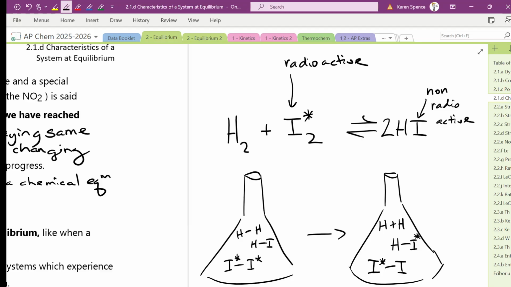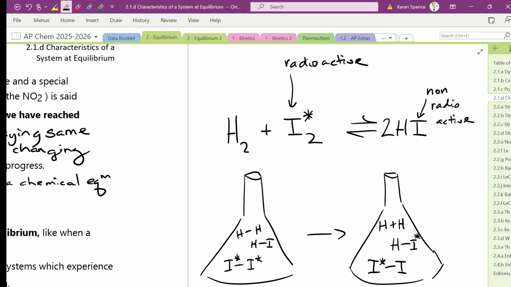Now, this one is my I2, and this one's radioactive. Let's get rid of these ones because they don't match color.